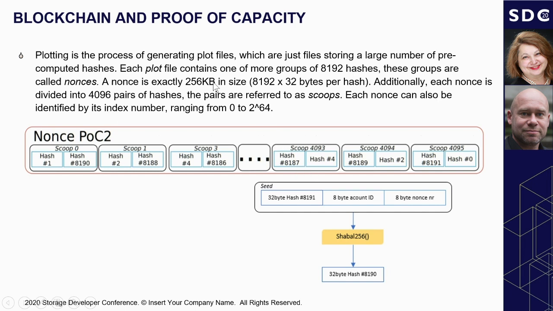What happens is you map it, you divide it into 4096 pairs of hashes, and this pair of hashes is called scoops. And then you can add the indexing. So basically what it does is it makes sure that each block is formatted, indexed, and there is no overlapping of data or data compensation, because each block is already assigned a certain slot in the memory of the storage device.